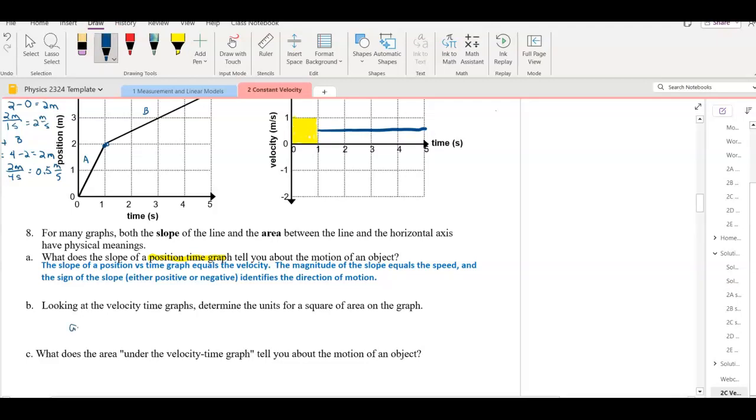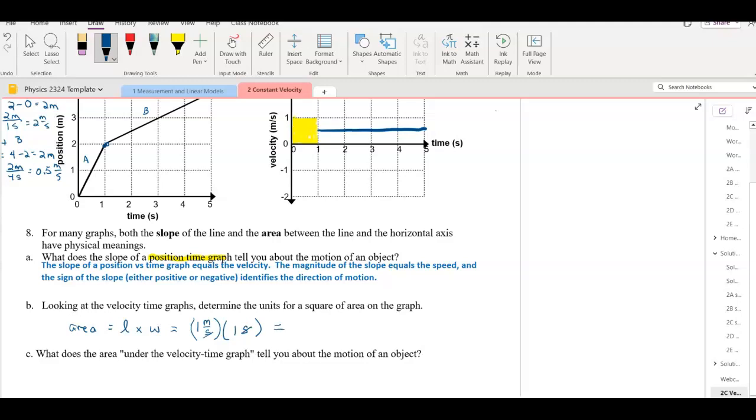You know, the area is just the length times the width. Well, my length is 1 meter per second, and then the other dimension is 1 second. Do you see how the seconds are canceling here?